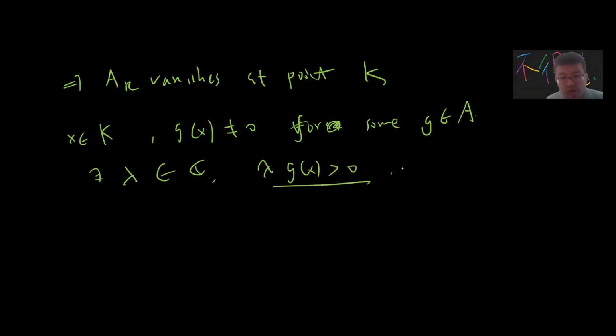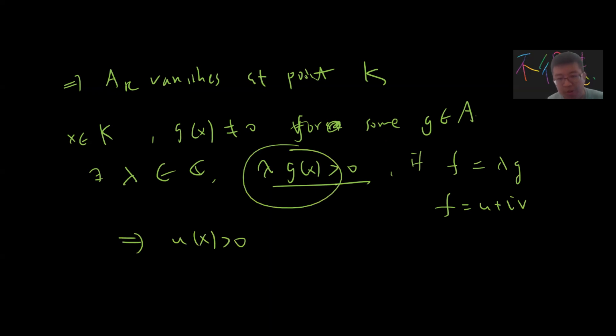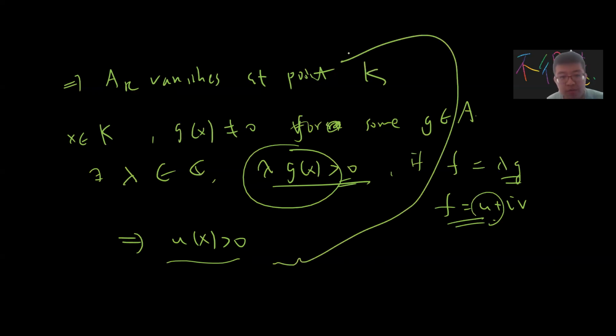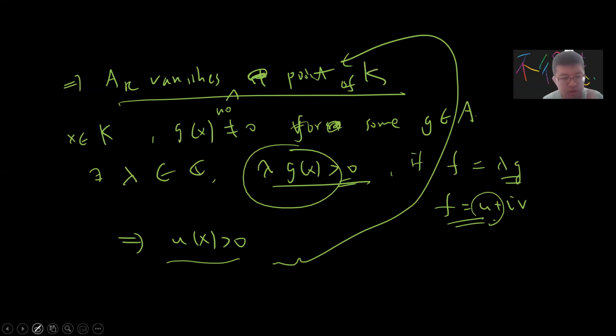Okay, so let's say f is lambda g and f is u plus iv, then you can easily show that u(x) is greater than 0, because lambda g(x) is greater than 0. So if you take the real part, then u(x) is greater than 0. Okay, so we proved that AR vanishes at no points of K.